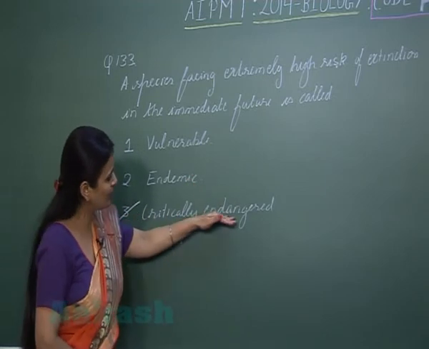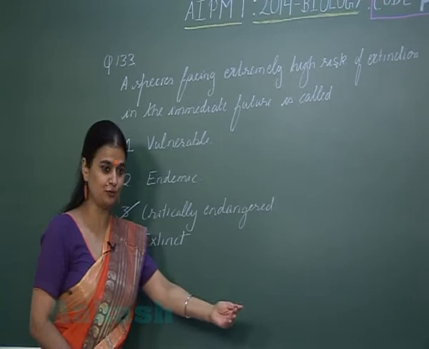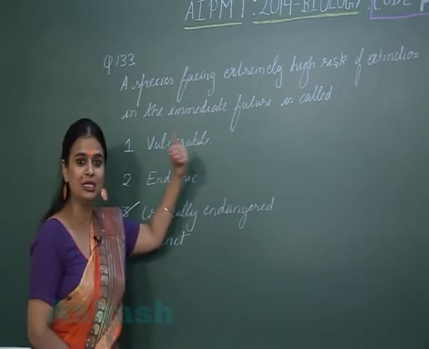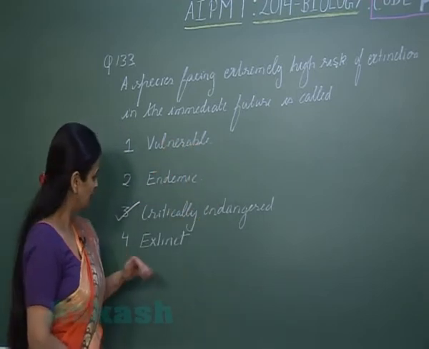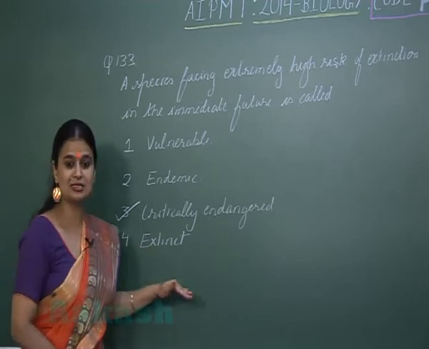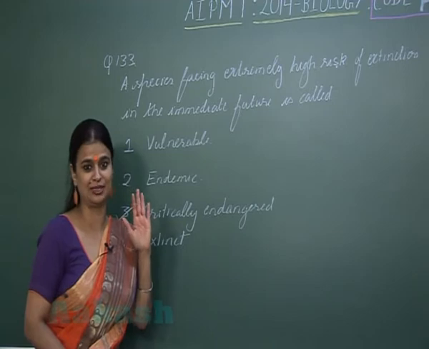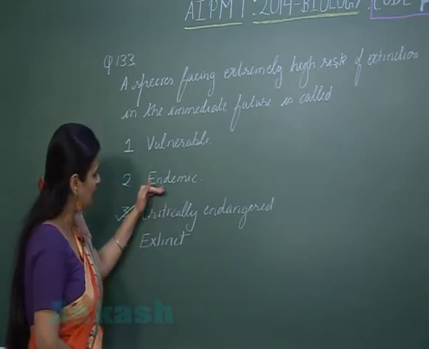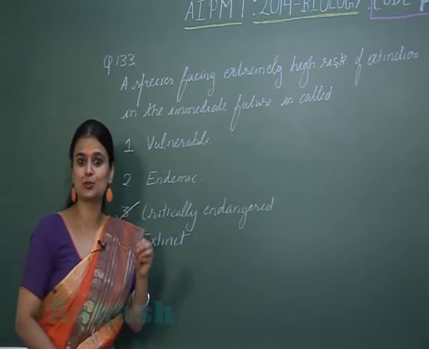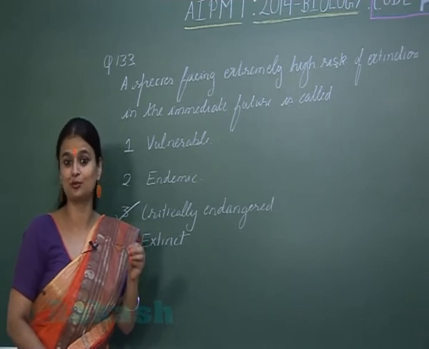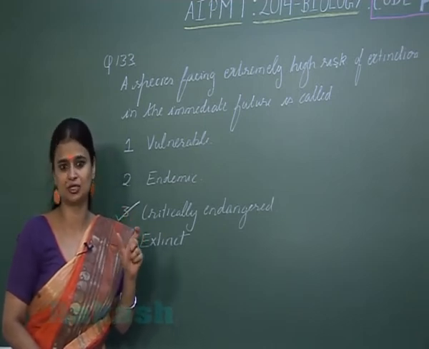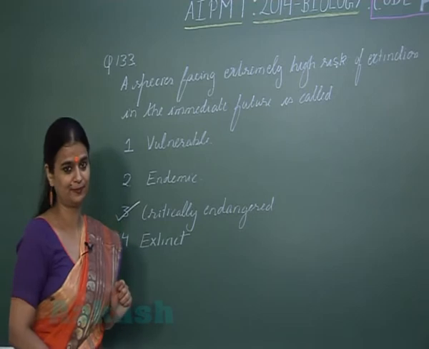Yes, this one is immediate future and that was medium term future. Now extinct means a taxon has been completely eliminated. Endemic means species which are found only in a specific region, specific area.